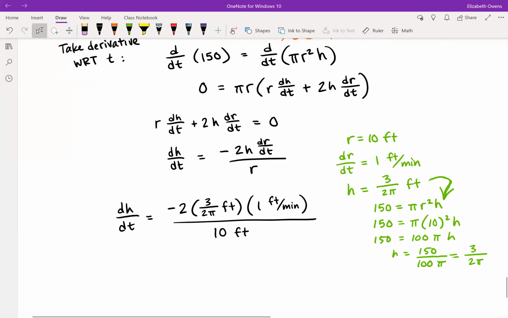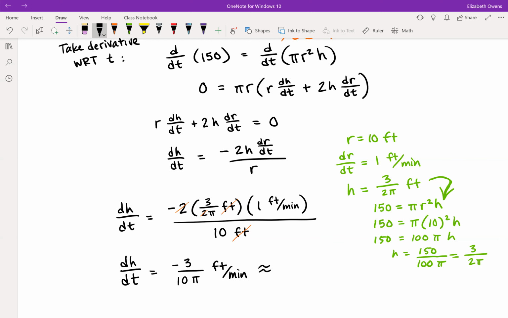Okay, and now let's simplify things a little bit here. We can do a little bit of canceling with some 2's there. All right, we can cancel some units with the feet. All right, and the rest you can plug into the calculator. You'd come out with -3 over 10 pi feet per minute if you do it by hand.